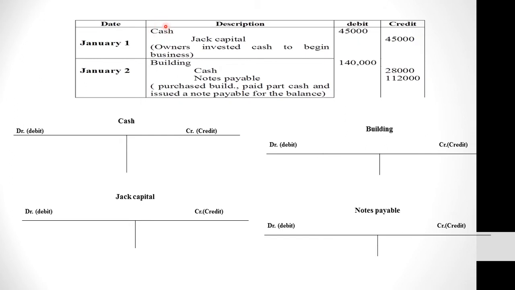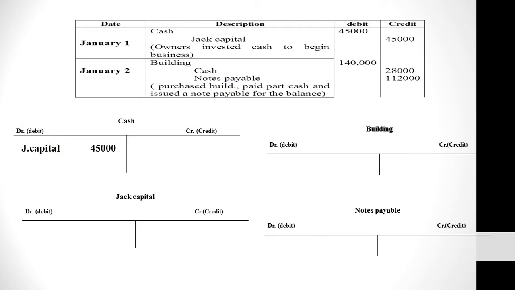We start with cash, the first account we have, equal to 45,000 in the debit side. So we're going to move to the cash account. In the debit side, we're going to place 45,000 like this, and we're going to write beside it the opposite account within the entry, which is capital.